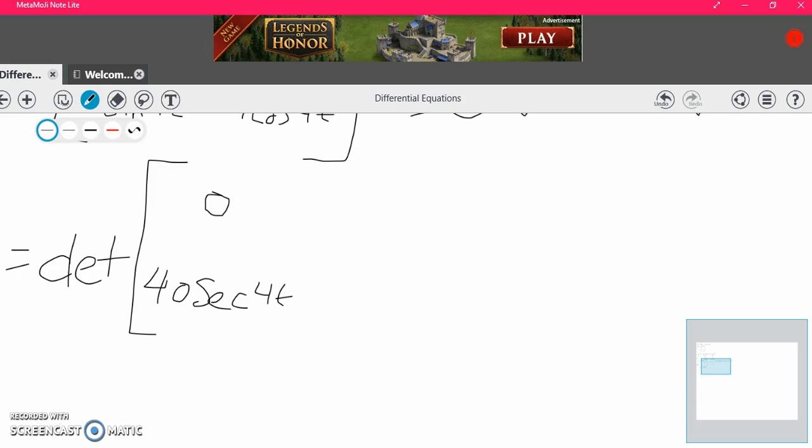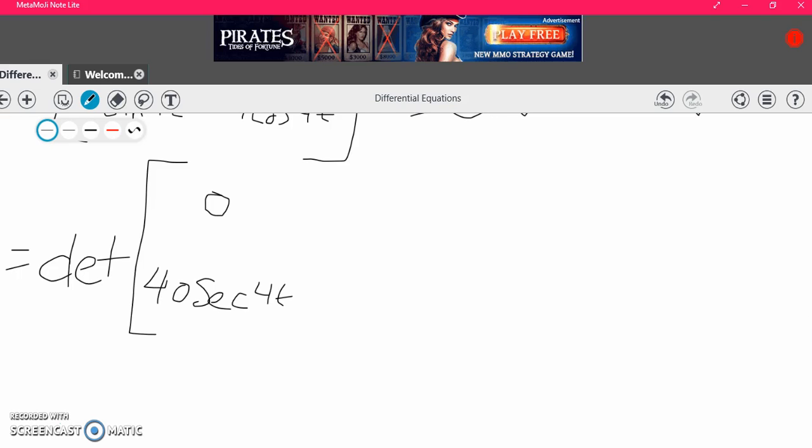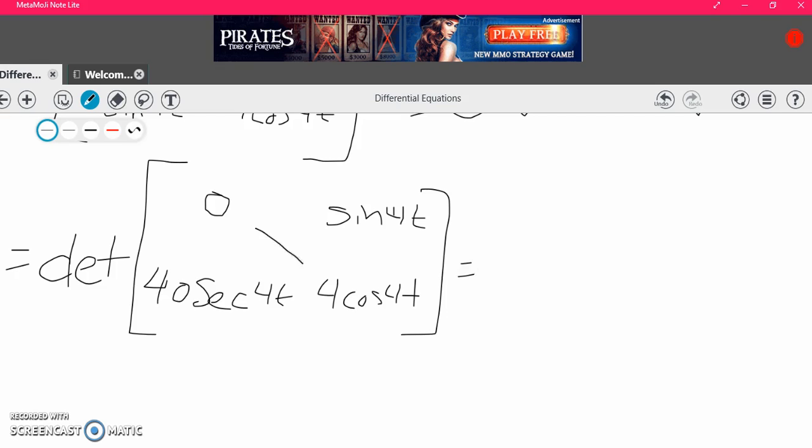On the other side, you put your y2, and you get your sine 4t and your 4 cosine 4t.